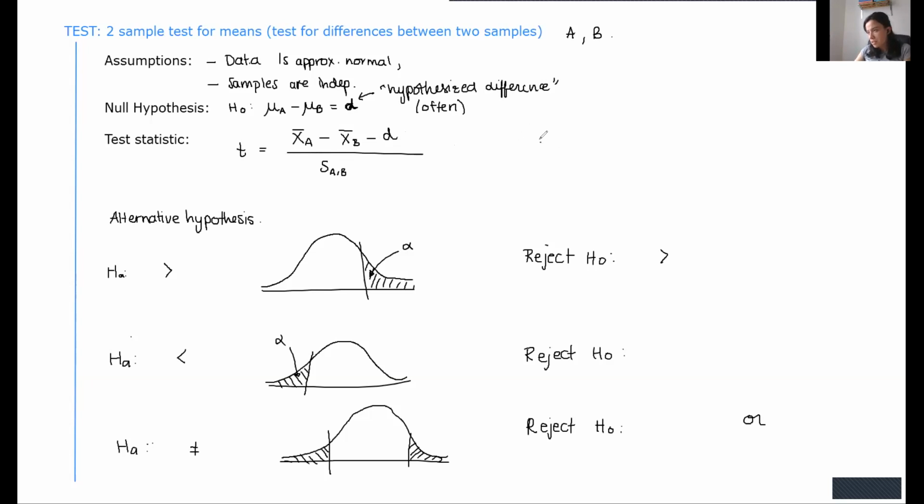That's because I need a whole other line to explain how to compute the variability between A and B.